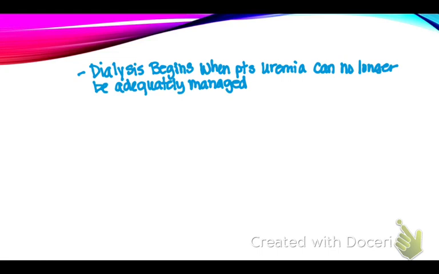Uremia is just poison, and if they can, we give medications, the phosphate binders, the calcium acetate and different things to combat some of this. But over time, as the glomerulus doesn't function as well, it can no longer be adequately managed, and they have to go on dialysis.